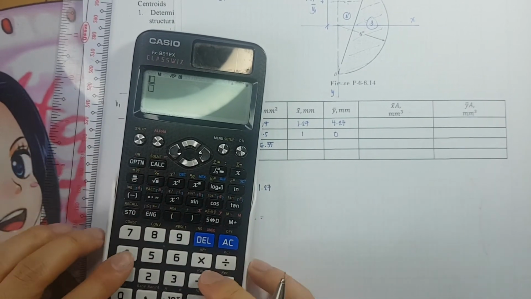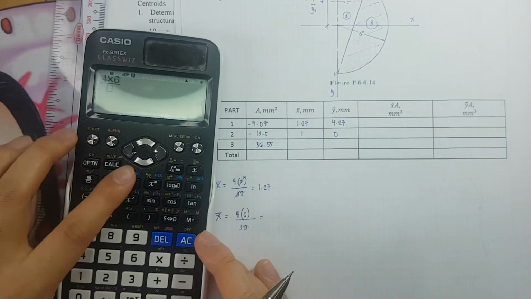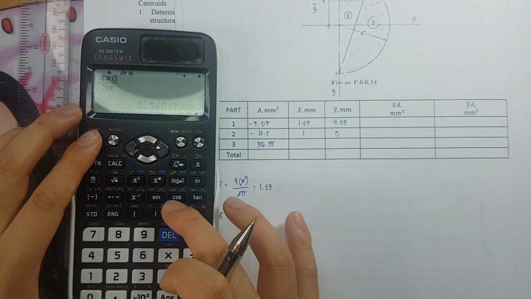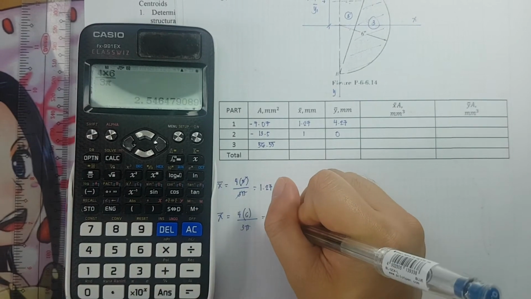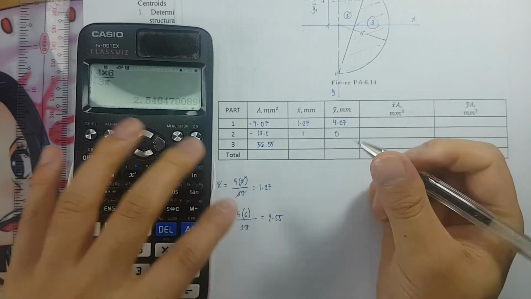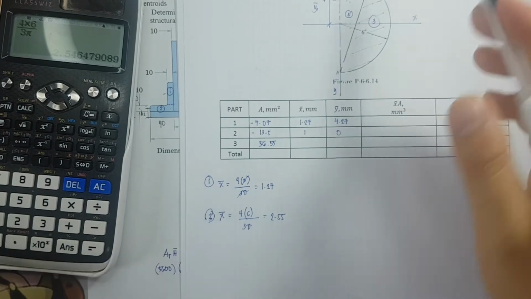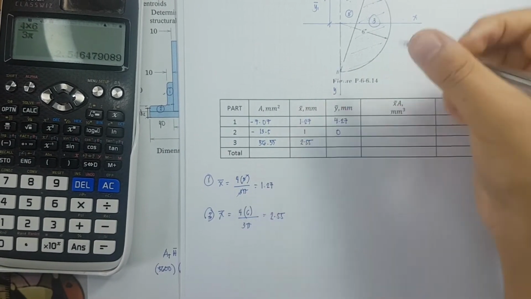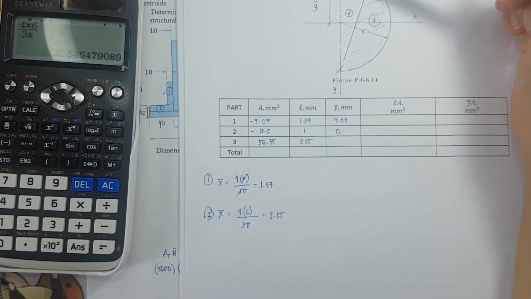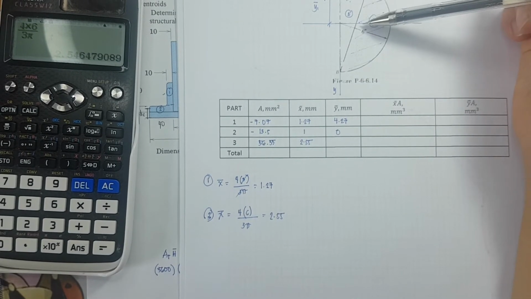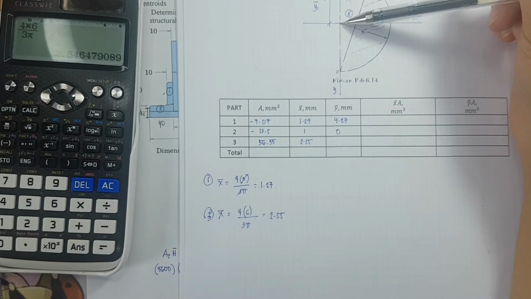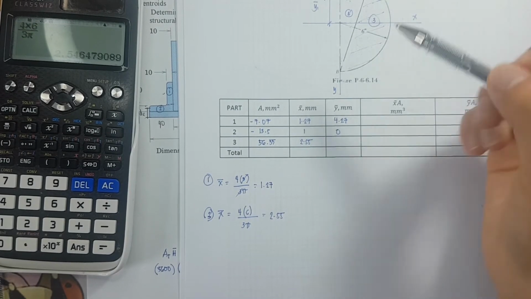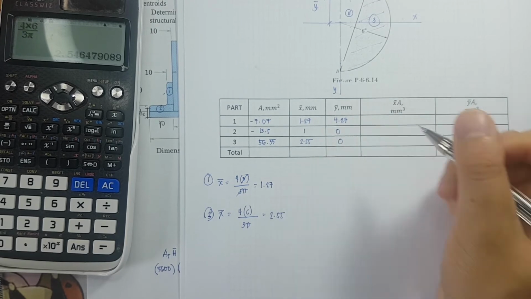And that is equivalent to 2.55. So the x bar is 2.55. But for the y bar, it is coinciding with respect to our x-axis, so that is 0.